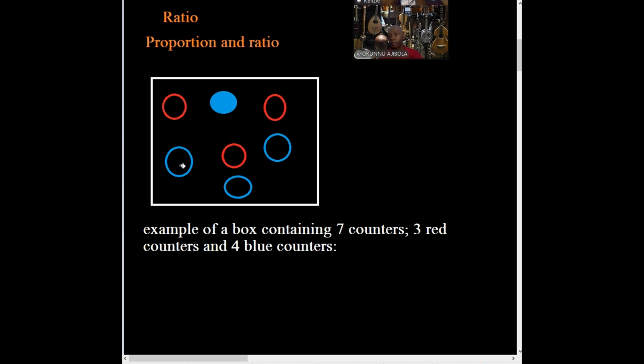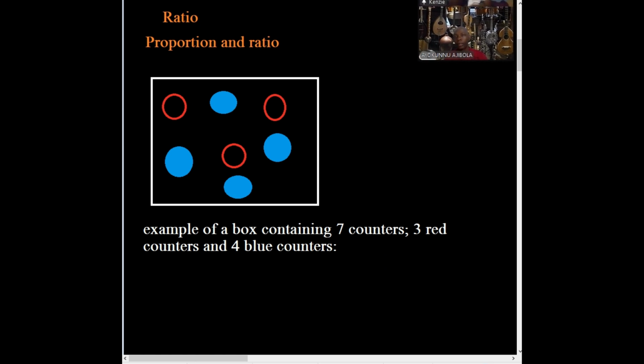These are the blue counters, and the red counters too. So the total we have is seven. So the ratio of the red counters to blue counters will be 3:4.